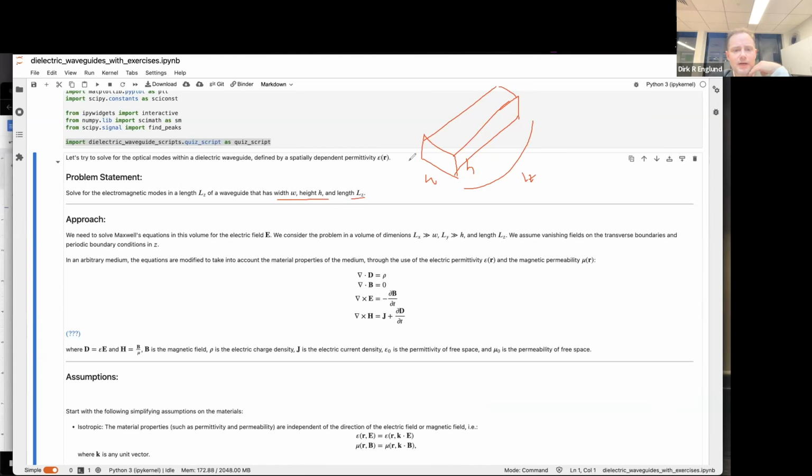All right, and Maxwell's equations require us to solve the modes. We need to solve Maxwell's equations, and that requires also boundary conditions.